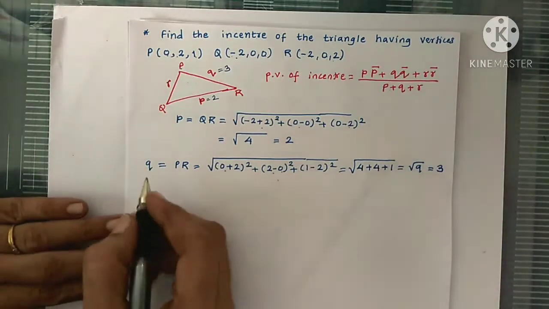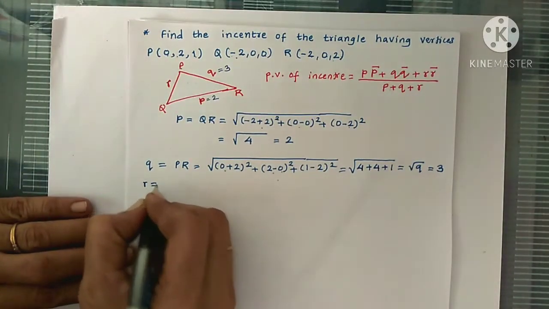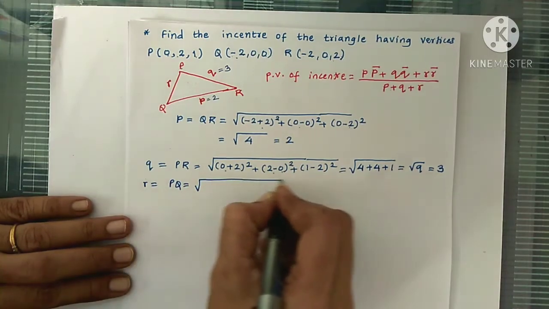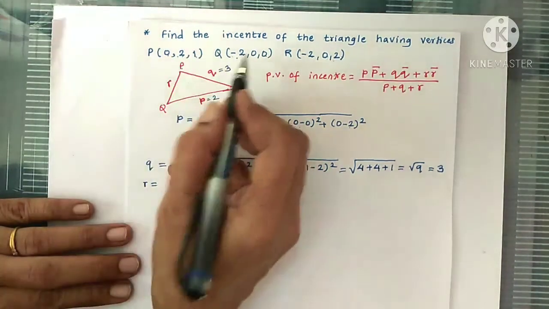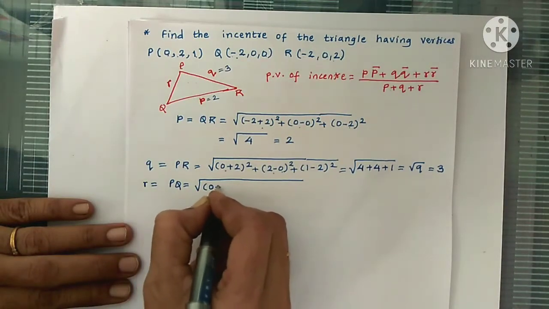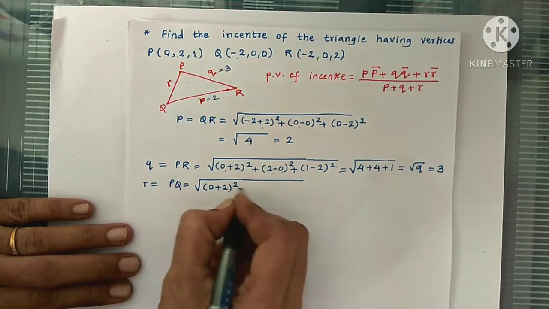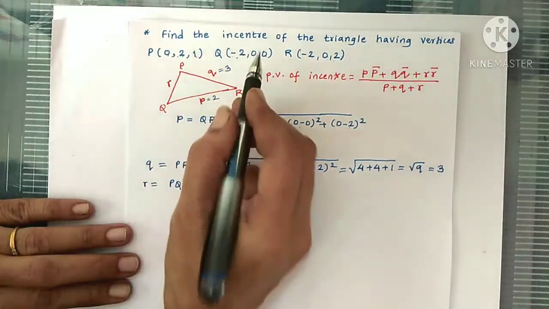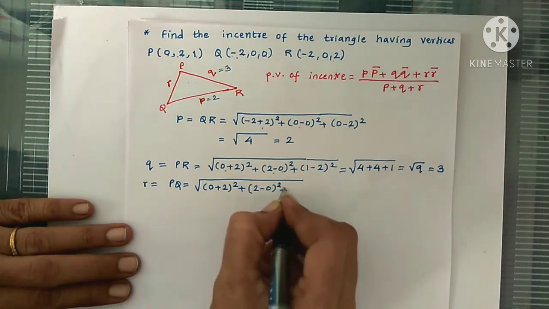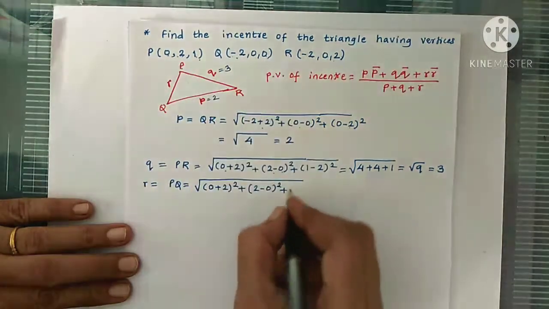Now let's find r. Length r equals PQ. So PQ equals root, that means the first and the second point. 0 minus minus 2, that is 0 plus 2 squared. Difference of Y coordinates 2 minus 0 squared, plus 1 minus 0 squared.